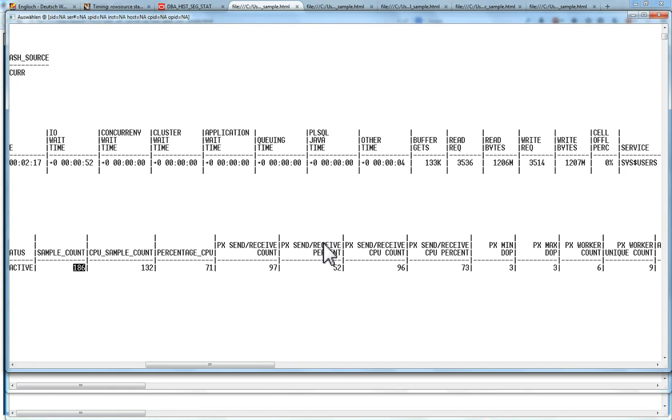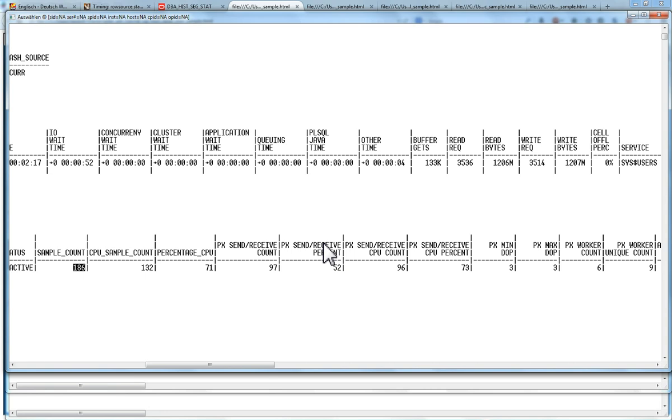For non-extreme cases, you would typically still see between 20 and 40% of time spent in sending and receiving if you have multiple of those so-called DFOs.